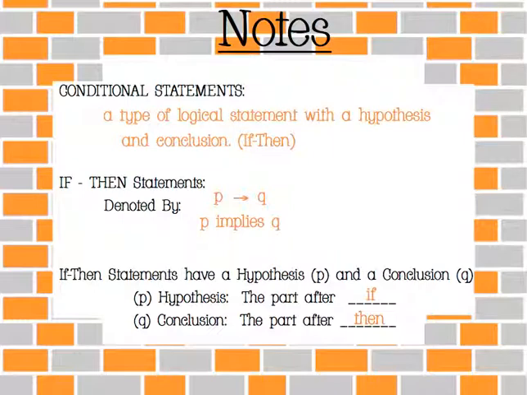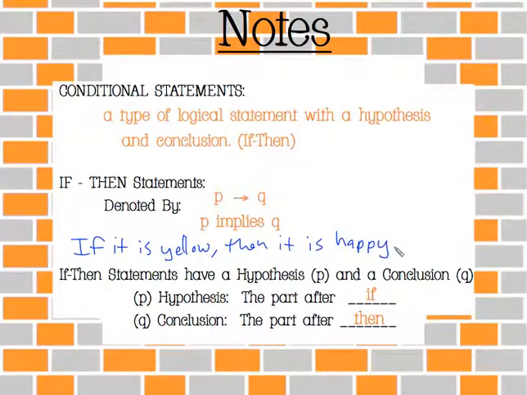So I'm going to write a sentence. You don't really need to write it down, and it won't make sense. If it is yellow, then it is happy. Doesn't really make sense, but I just need to show you this part. The hypothesis is the part after if but before then.